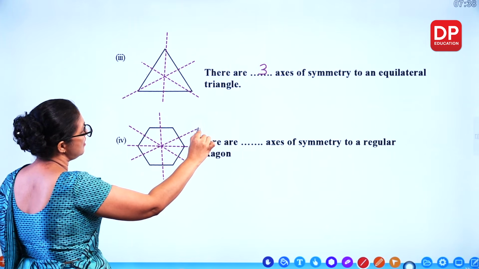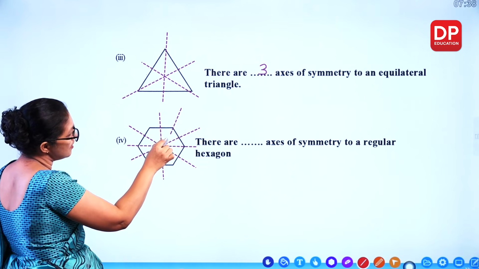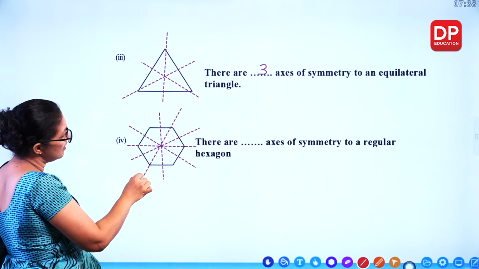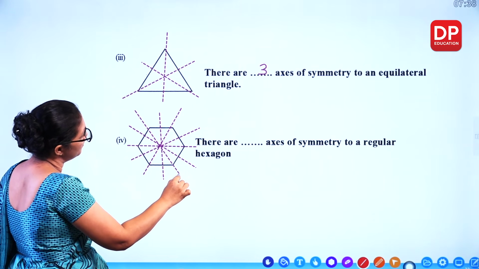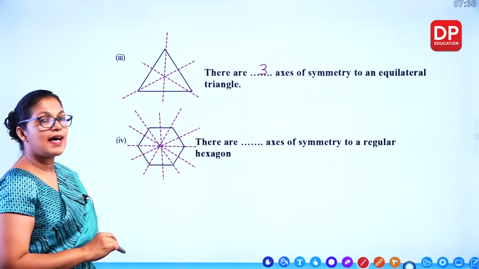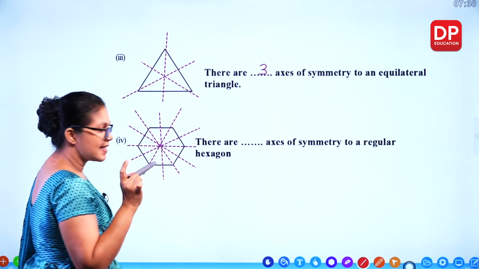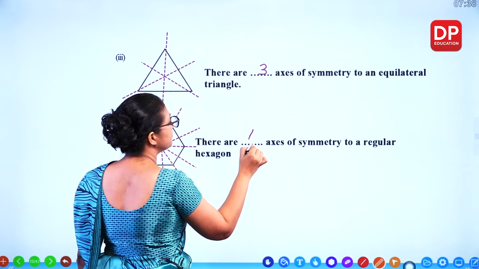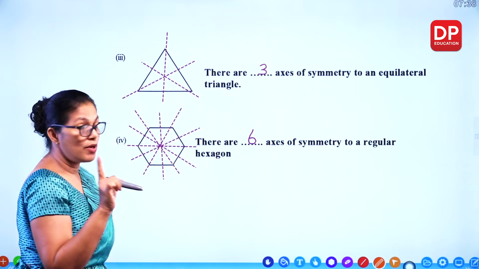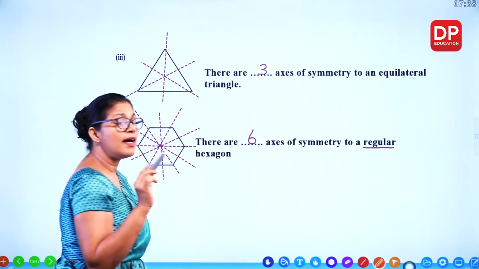Another one here. What about these lines? This is also possible, and this is also possible. So how many lines are there? 1, 2, 3, 4, 5, 6. 6 axes of symmetry for the regular hexagon. So this is important: regular means all sides are equal.